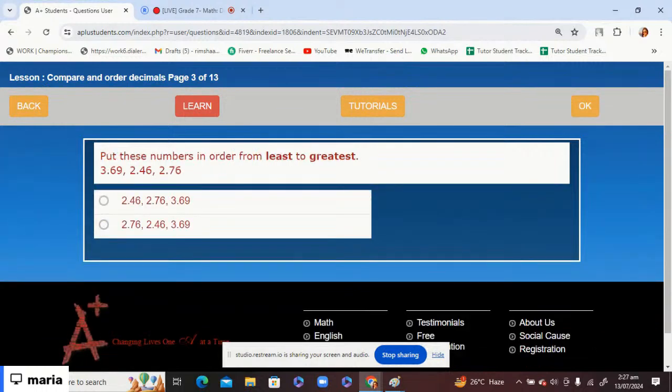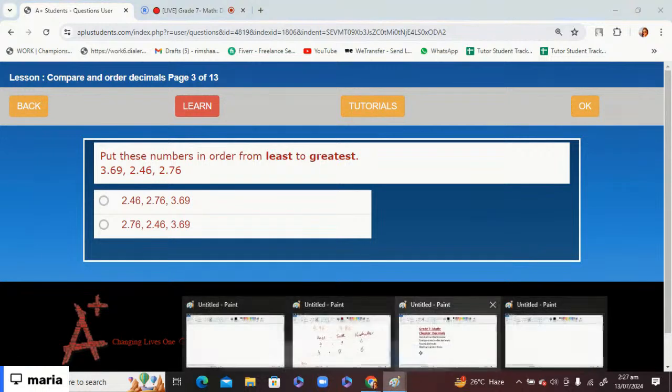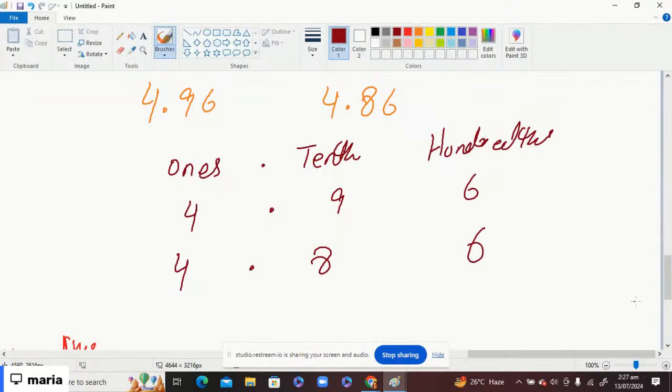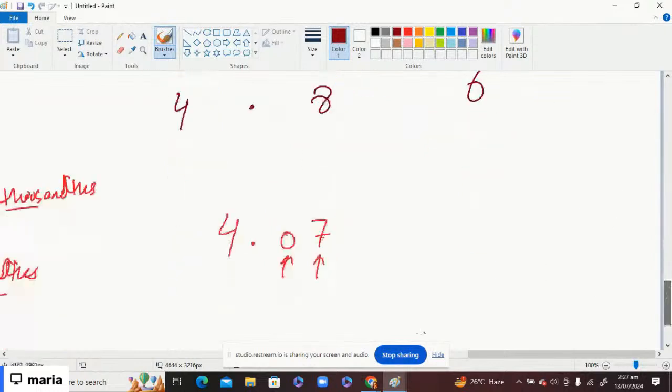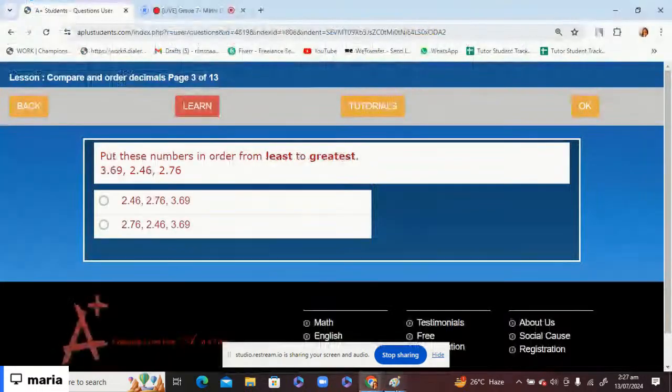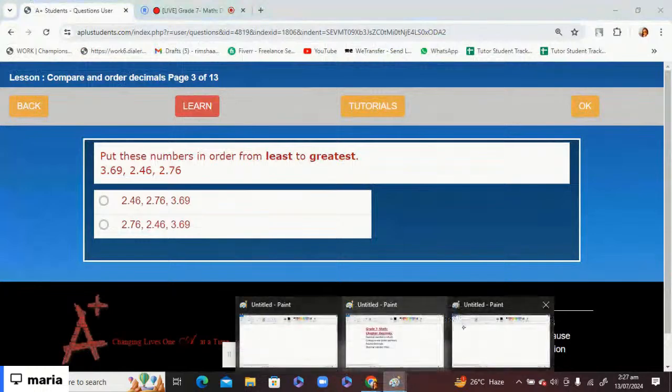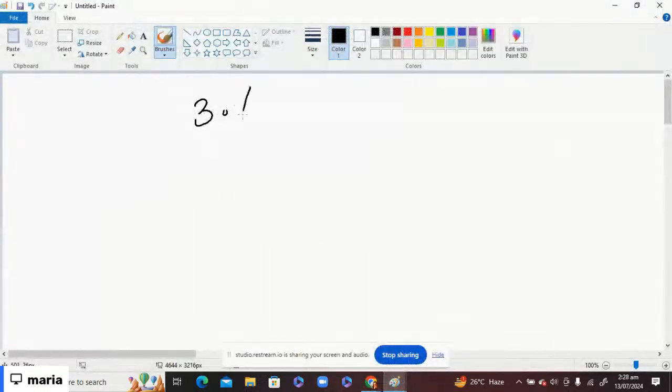Put these numbers in order from least to greatest. First of all, check it out: 3.69, 2.46, and 2.76. When you are going to order it, how can we order? 3.69, 2.46, and 2.76.